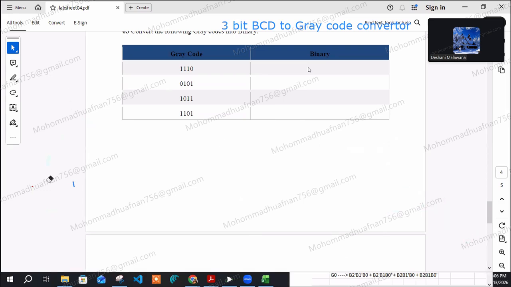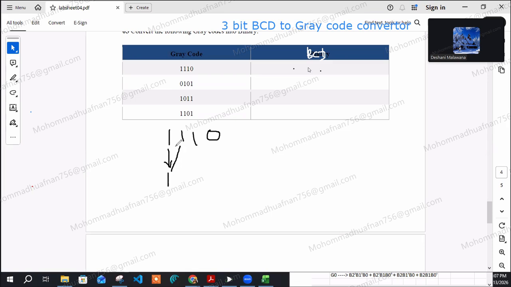Okay. Now, tell me how we can convert gray code to binary. Just assume that this is going to be binary. Assume that this will be BCD. If this is going to be the gray code, then we write the same one here.